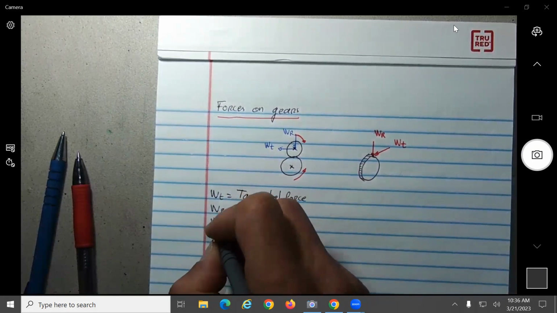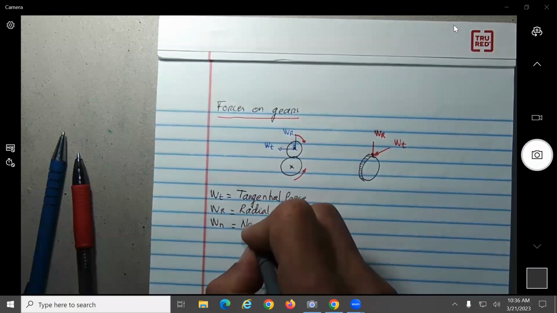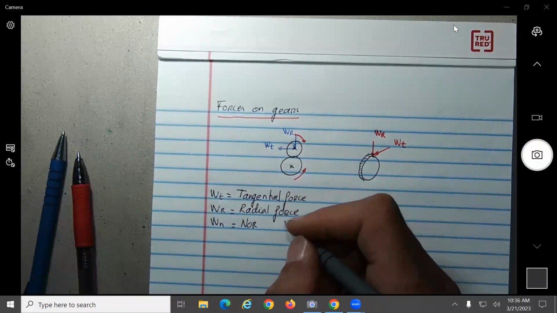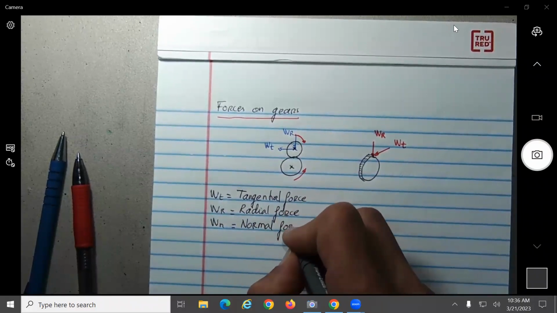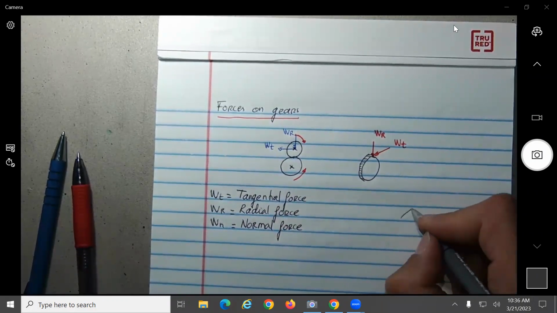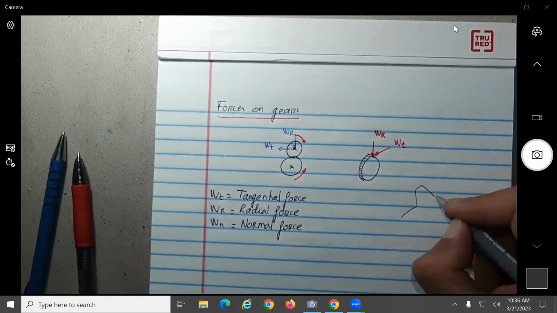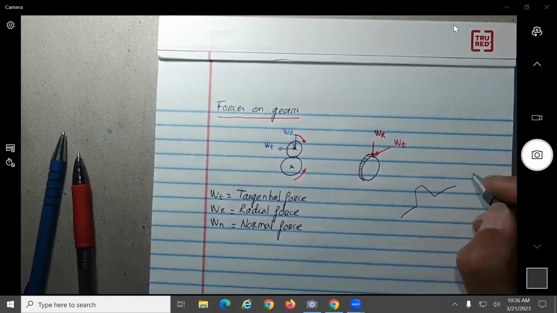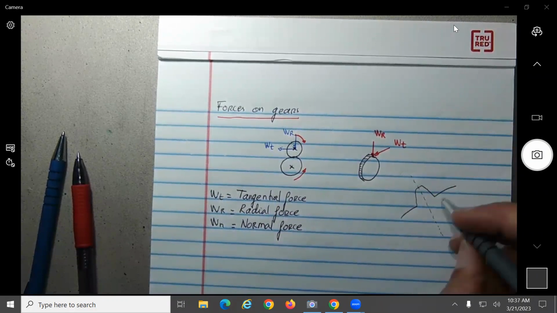Okay, and you're gonna have one W sub N that we're gonna call the normal force. And that's the figure I need to do. So basically, I'm not really good at doing these figures. Let's say this will be a tooth on the gear going to the center.